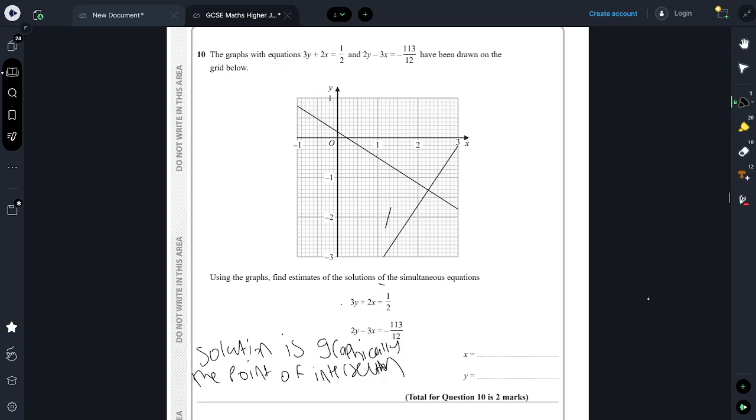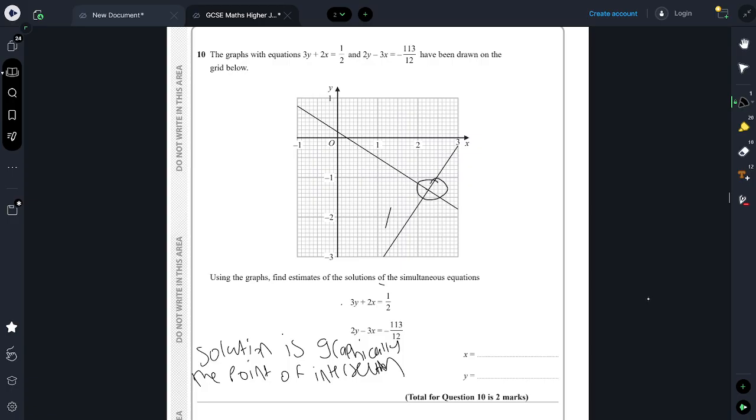So where is the point of intersection? Well, it's where they cross, so it's going to be this little point here. So then really you just need to read off the graph. It's not clear cut where it is, but it says to estimate. So first of all, let's tackle the x one.